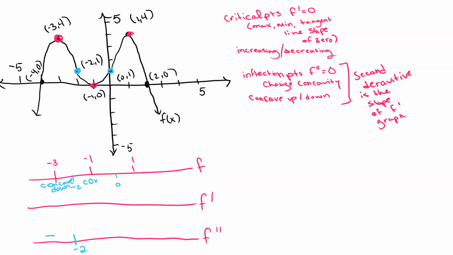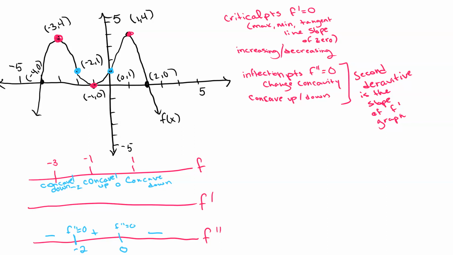Then I've got concave up on my next interval from -2 to 0. So that's going to mean my second derivative is positive. I've got 0 there. Remember, inflection points of my second derivative equal to 0. Right. So to the right of 0, we've got that downward U shape, so we're concave down. So that's going to make our second derivative negative.